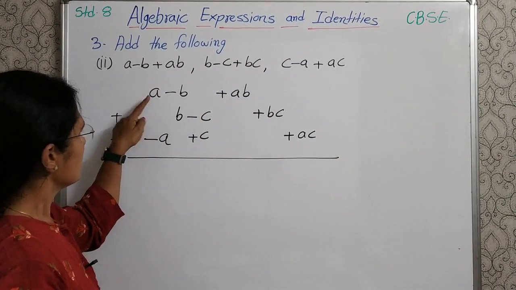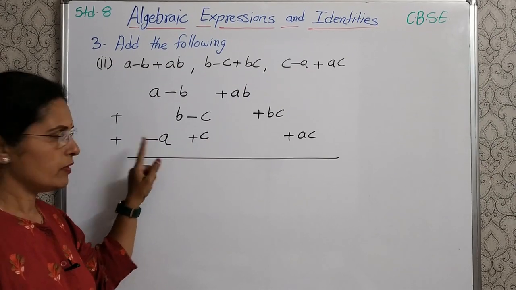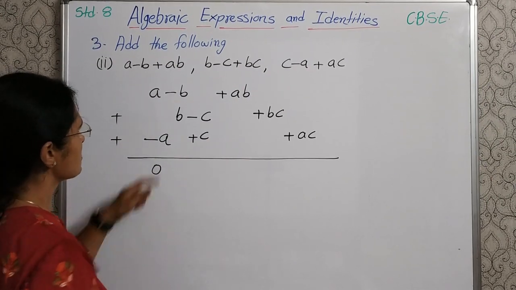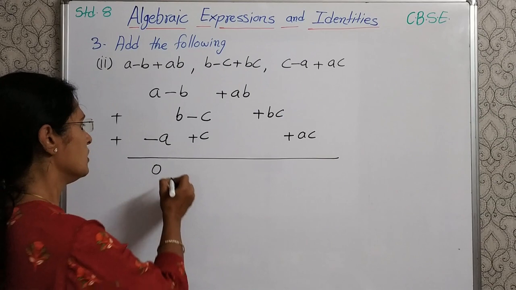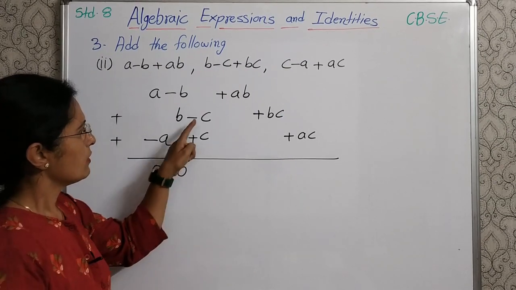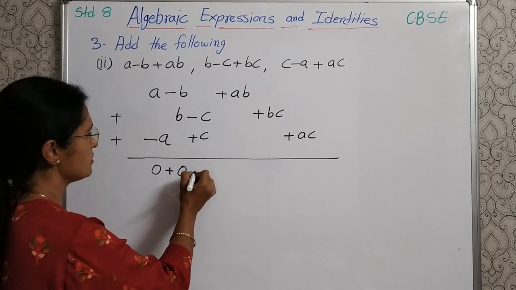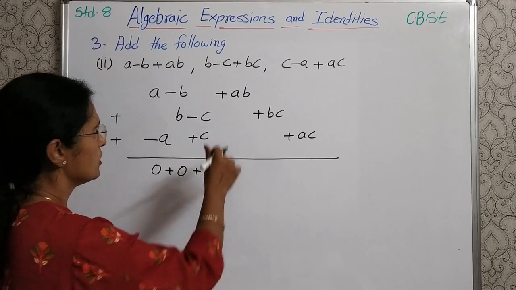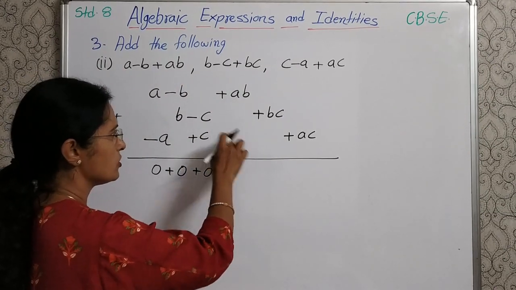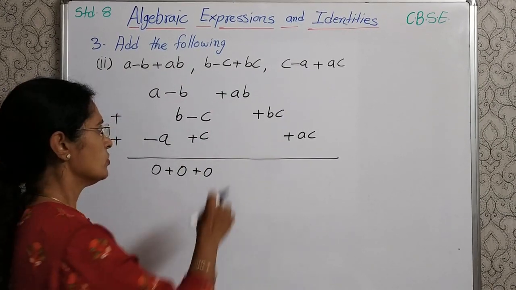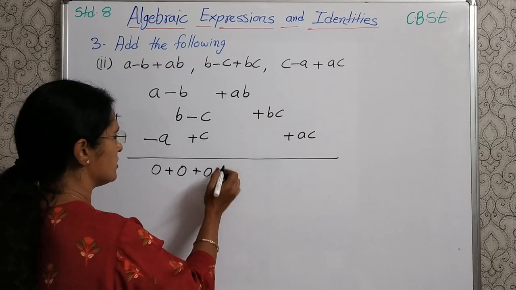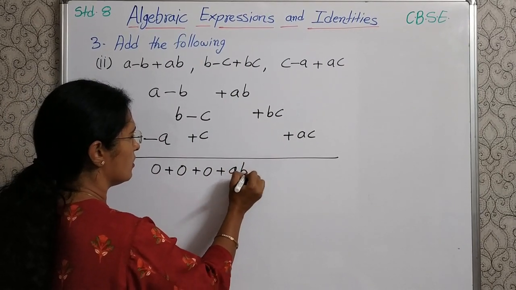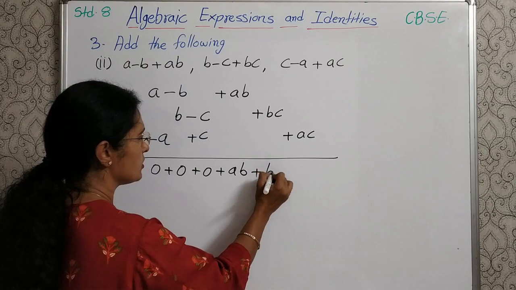expressions. See here, A minus A will be 0. Next, minus B plus B is also 0. Then minus C plus C is 0. Then plus AB, there is no like term. So AB will be as it is here. Next, plus BC also same as it is.